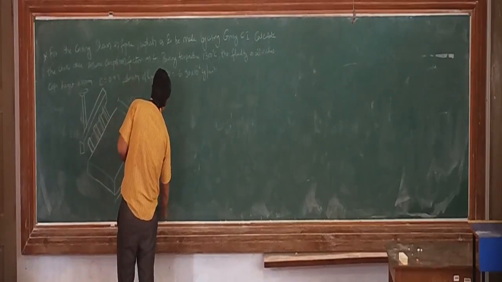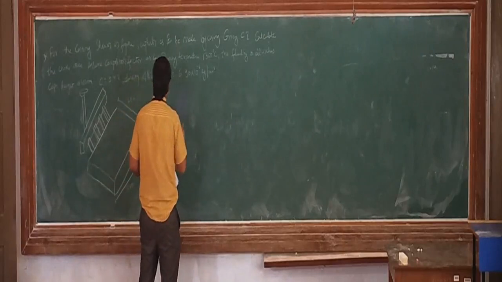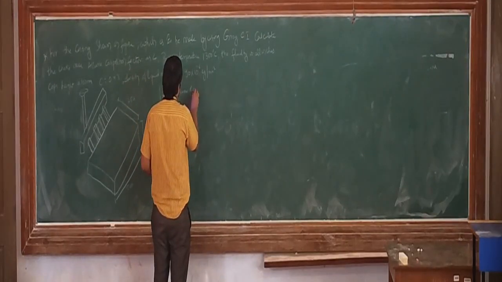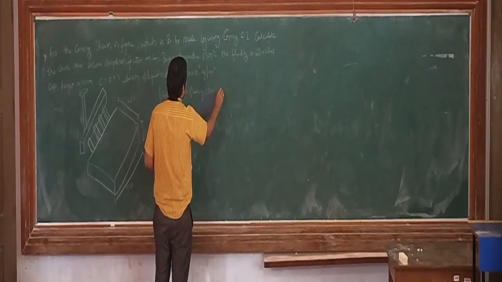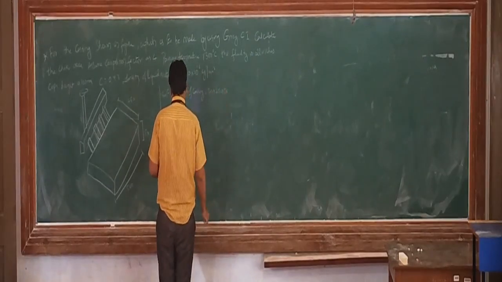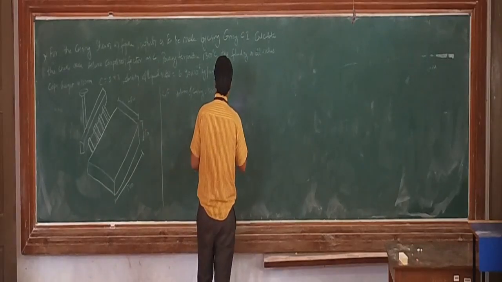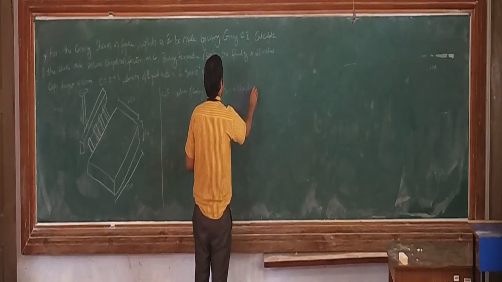As a part of solution, first we will find the volume of this particular casting. Volume of casting is equal to 500 into 250 into 50. That is 6.25 into 10 raised to 6 mm cube.